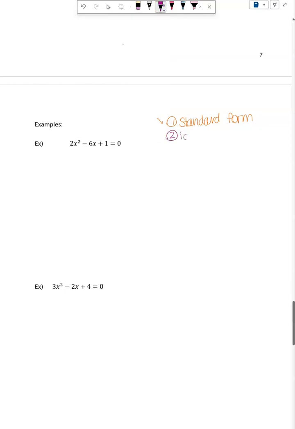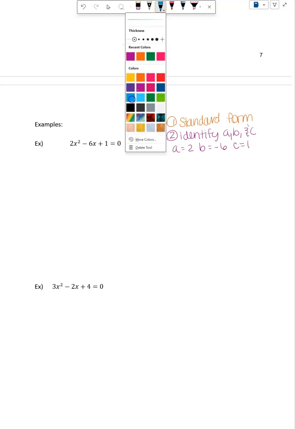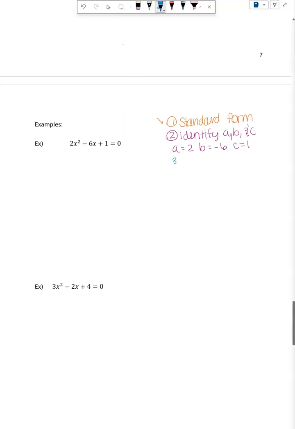We want to identify a, b, and c. So a equals 2, b equals negative 6, and c equals 1. Step 3, now we want to just go ahead and plug this into our quadratic formula. So this is just plug and chug, right?